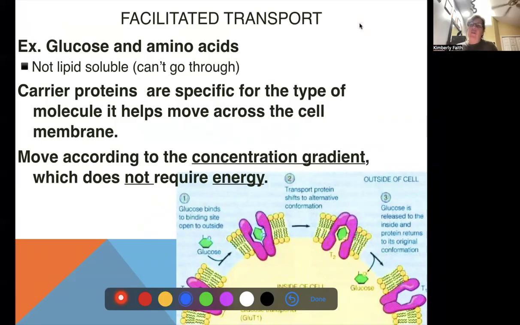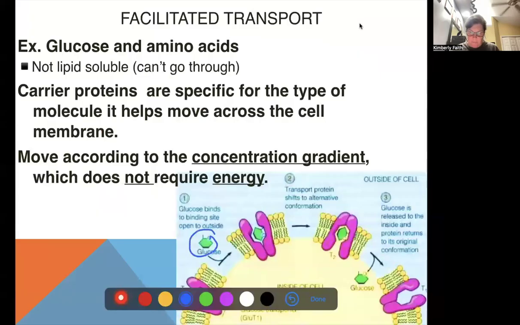They're helping move the solutes, or ligands, into the cell. There are some things that really need to get into the cell, for example, glucose. Glucose, as you know, is hydrophilic, right? It's dissolved in water, so it cannot pass through the membrane without help. Same with certain amino acids. So those carrier proteins are going to help.